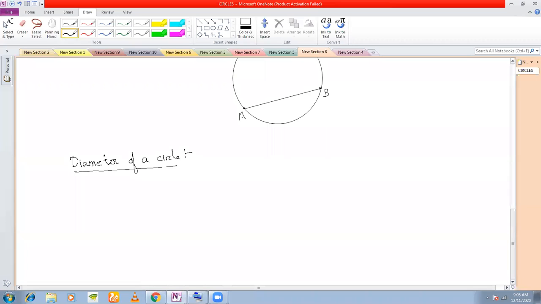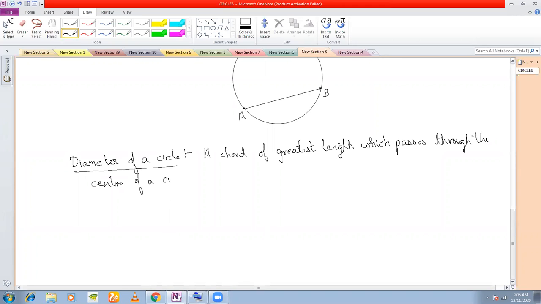A chord of a circle which passes through its center and has the chord of greatest length is called the diameter of a circle, and it passes through the center also.